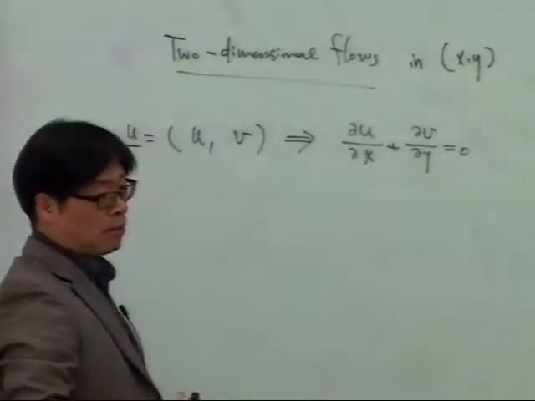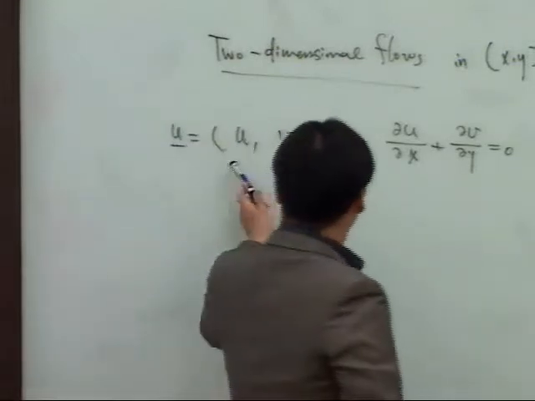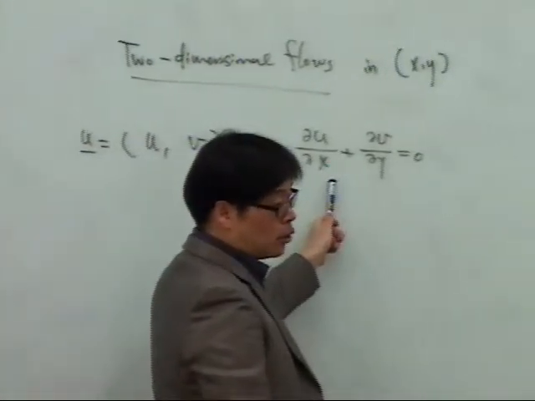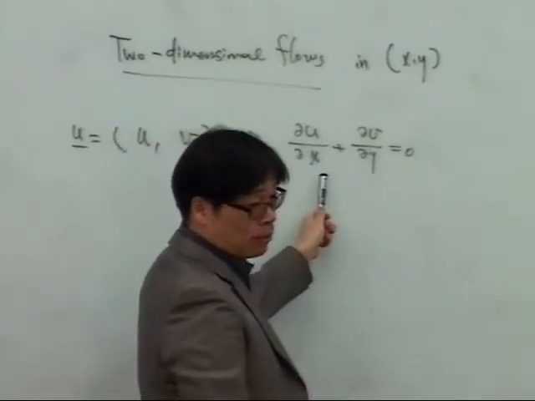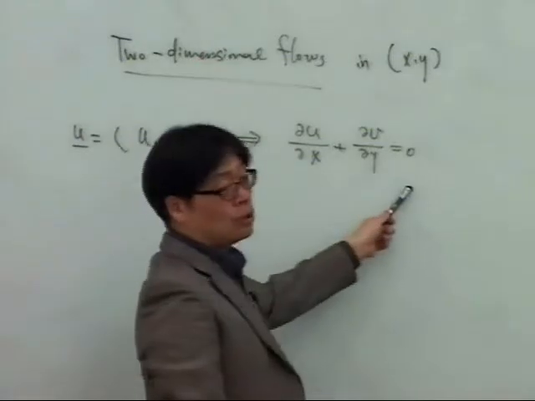You cannot lose mass. So if the velocity vector doesn't satisfy this equation, then you are losing mass and volume, which is not allowed. So this has to be true all the time.